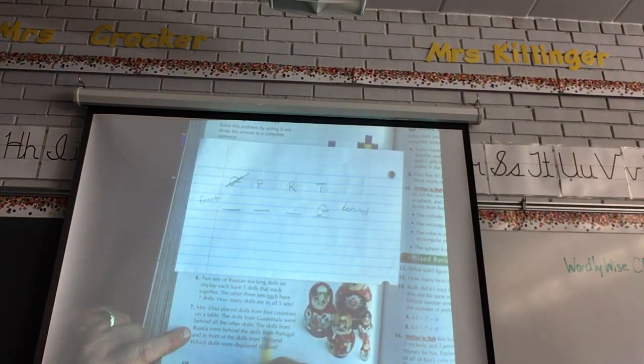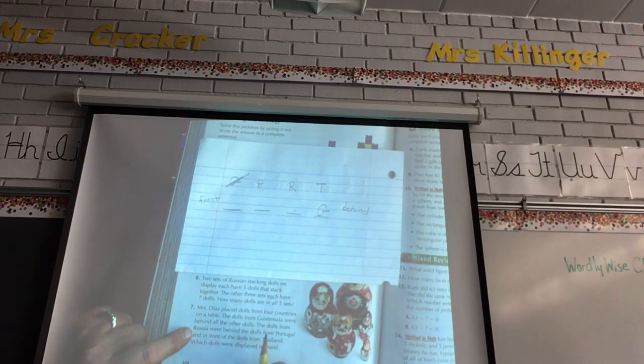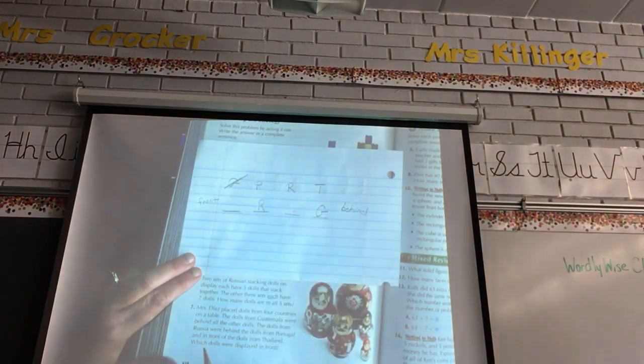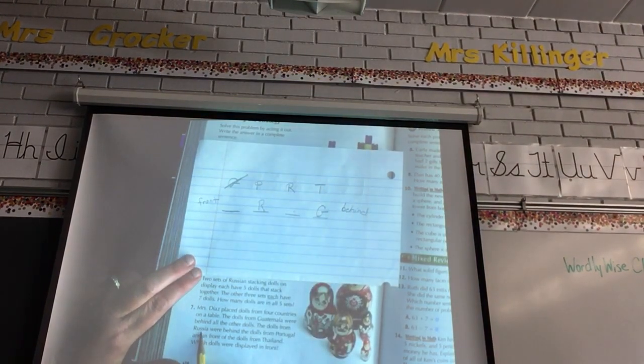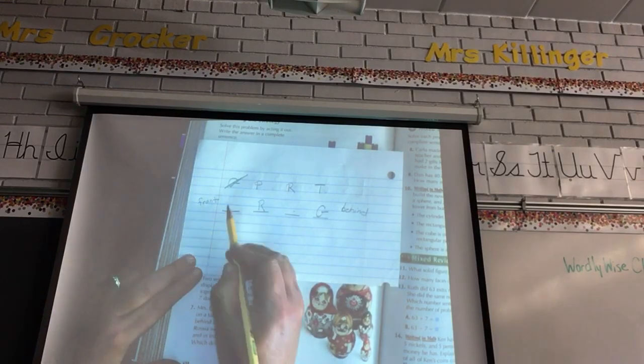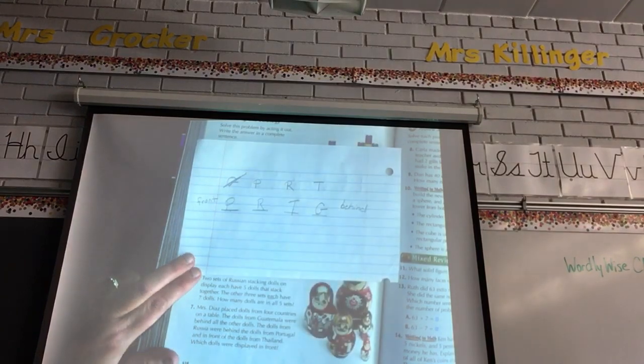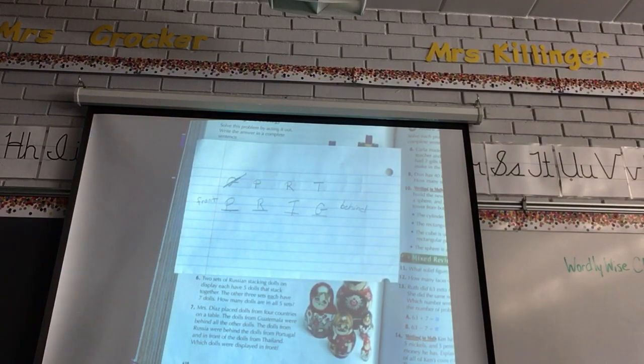So the dolls from Russia were behind the dolls from Portugal and in front of the dolls from Thailand. So Russia is in the middle. Russia is behind Portugal, but in front of Thailand. I hope y'all got that answer.